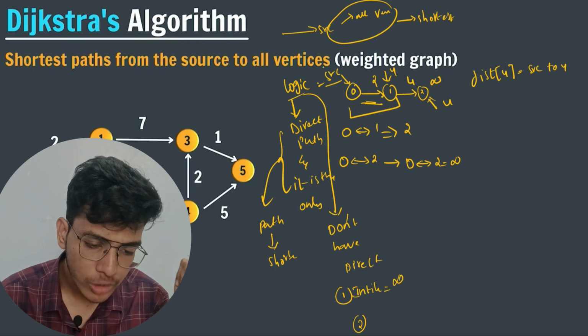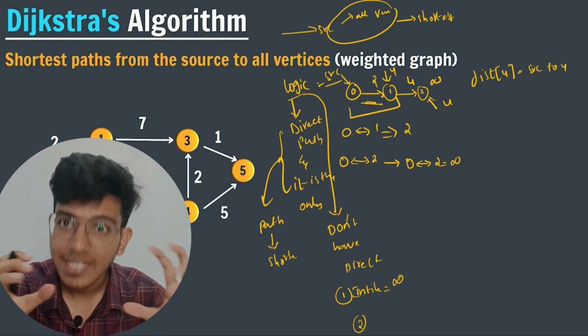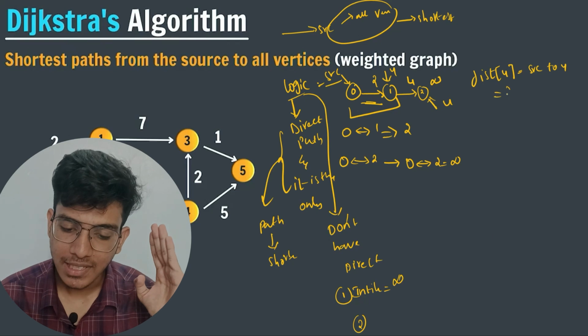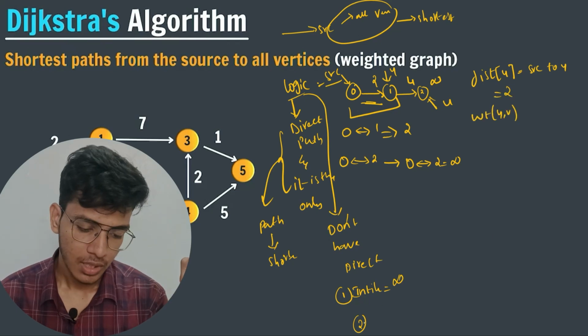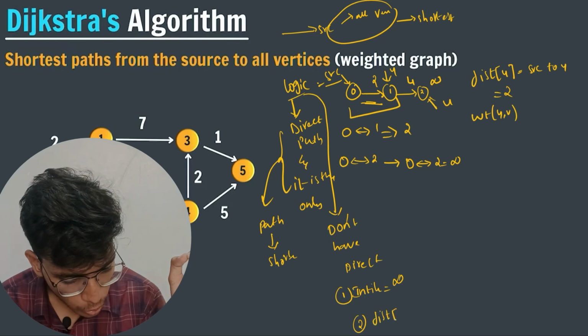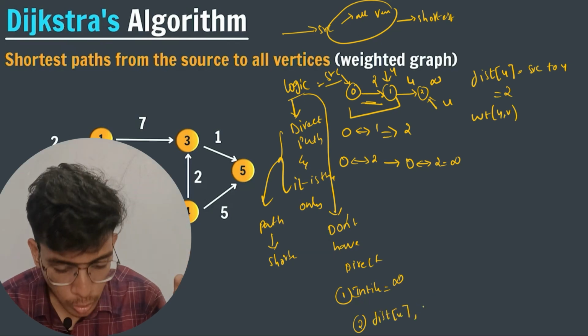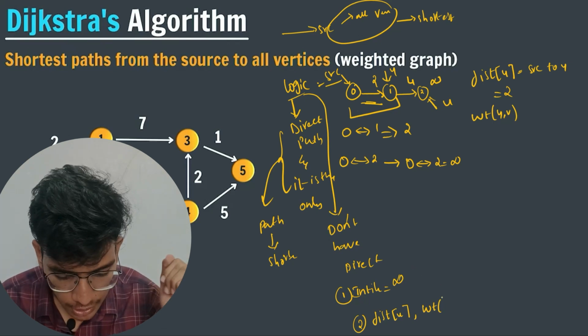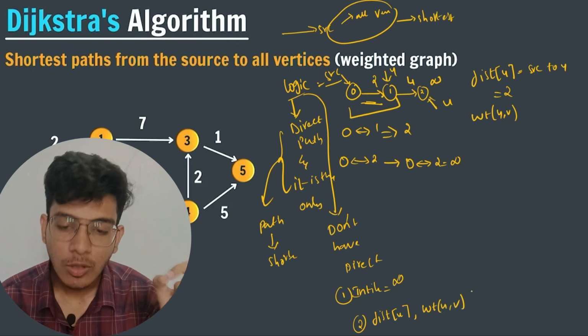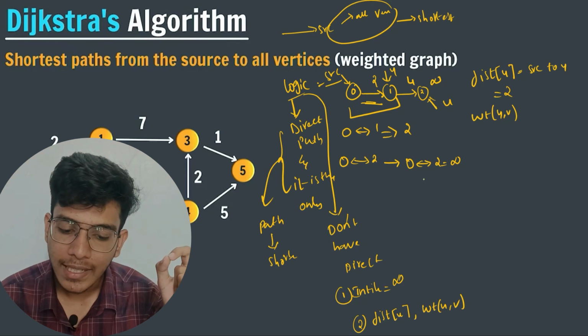So from the source to my u node, the distance is 2. I know the distance, and I know the weight between u comma v. If I know these two things, then I will calculate their sum.